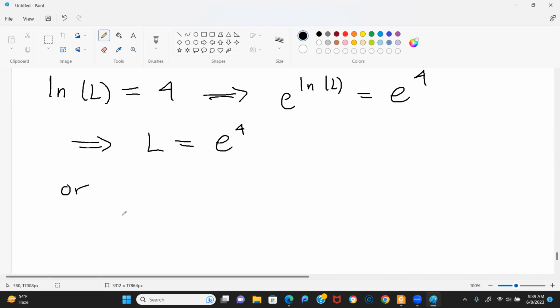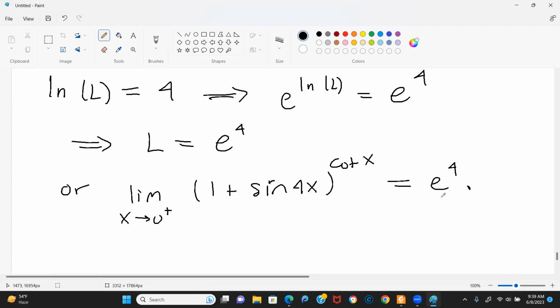But remember what L is. It's the limit as x goes to 0 from the right of 1 plus sine 4x to the cotangent of x. And so that solves it.